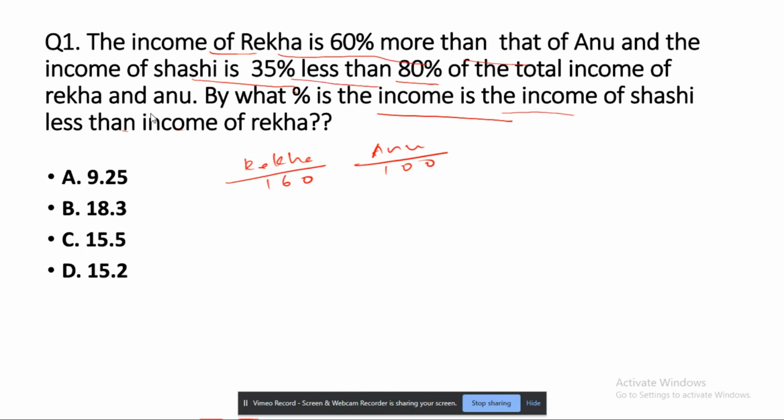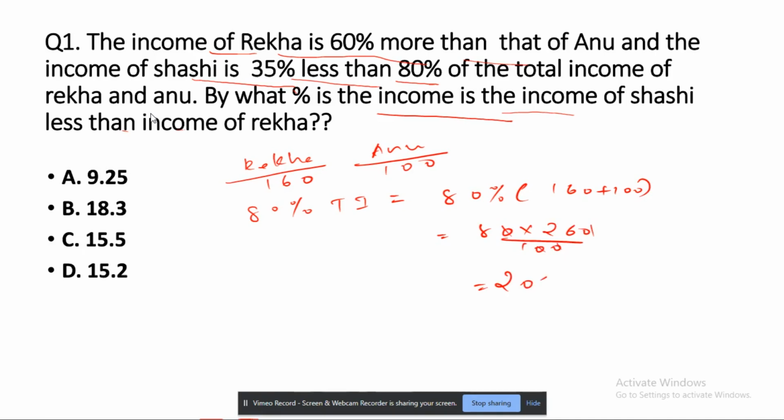So we have to find the 80% of total income. That is 80% of 160 plus 100. So we can write 80 into 260 by 100. So zeros will be cancelled. So the answer will be 208.